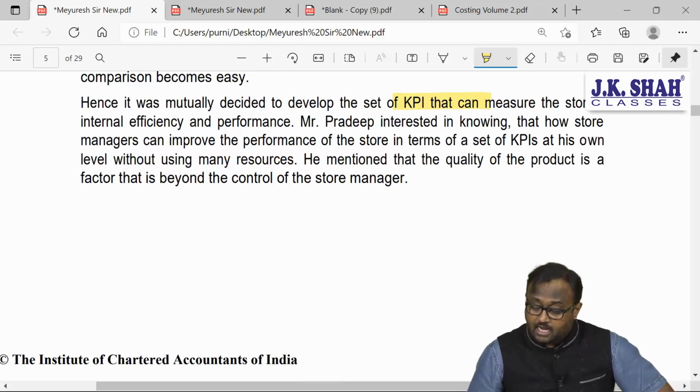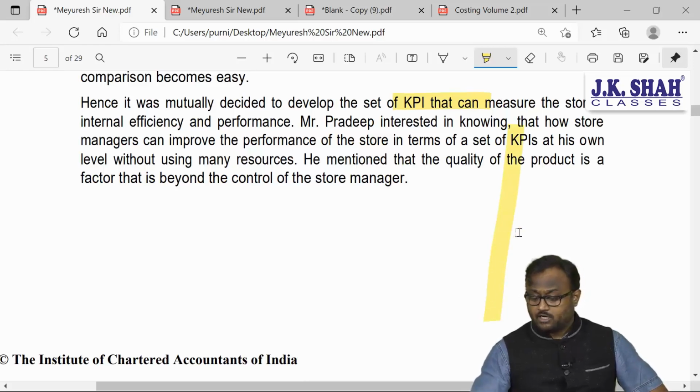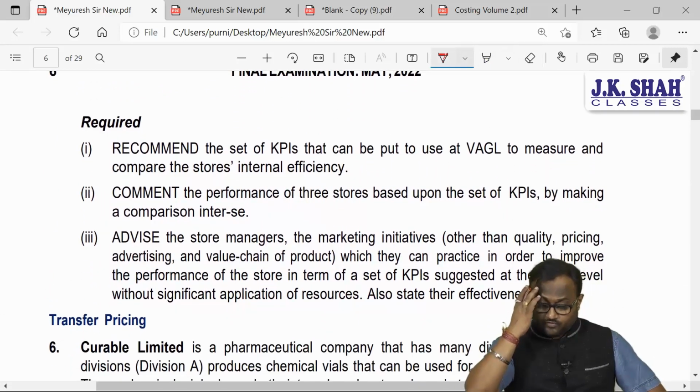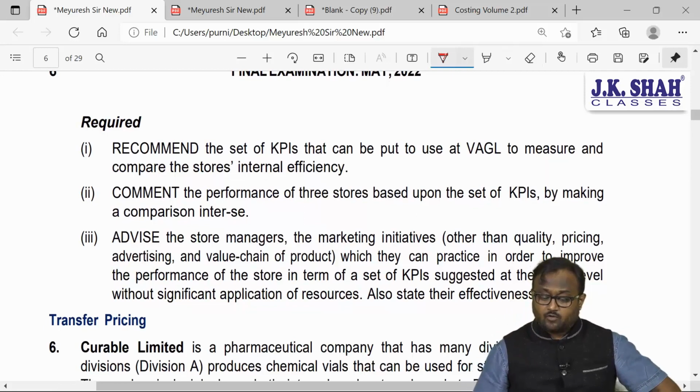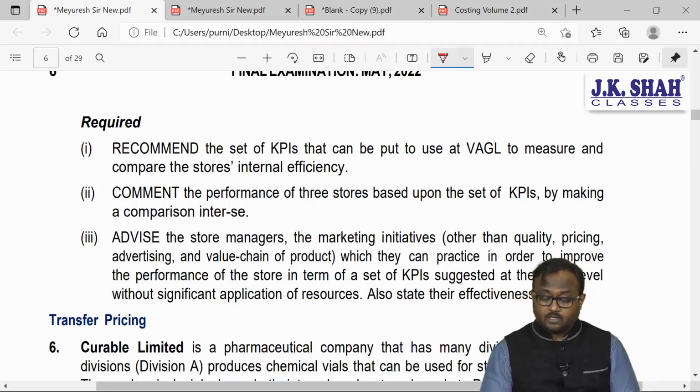He mentioned that the quality of the product is a factor that is beyond the control of the store manager. Okay, quality is an outcome of production, so that is beyond my capacity as a store manager. What am I supposed to find out? Recommend the set of KPIs that can be put to use at VAGL to measure and compare the store's internal efficiency.